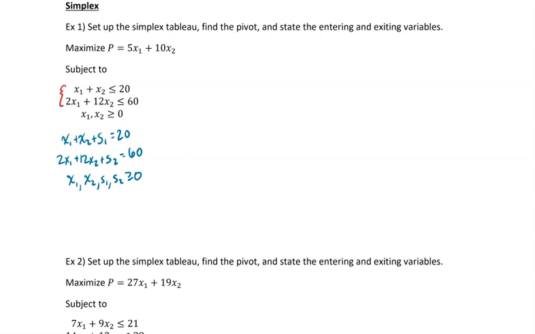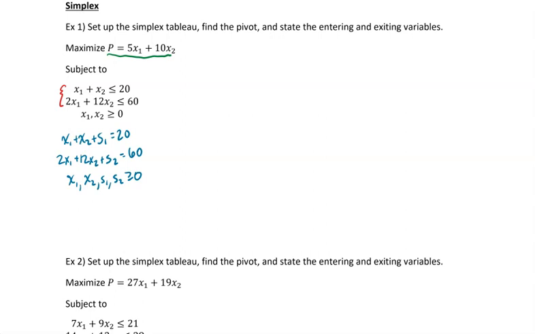Now, one extra thing that we're going to do is we are actually going to take the profit function and we are going to set it equal to 0. Specifically though, we want to move all of the x1s and x2s over on the side with p. So we want p to remain positive.